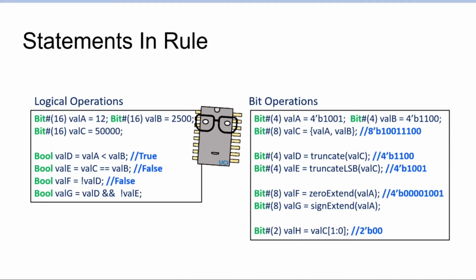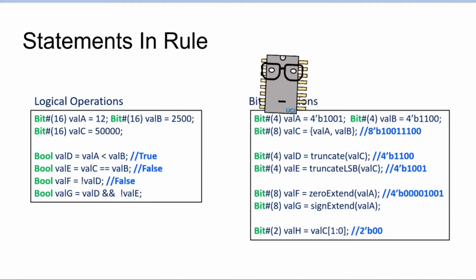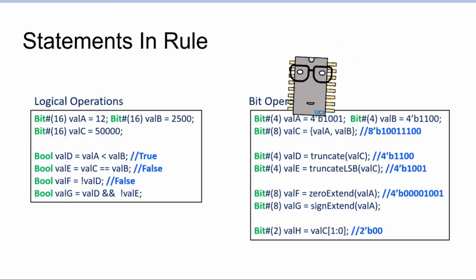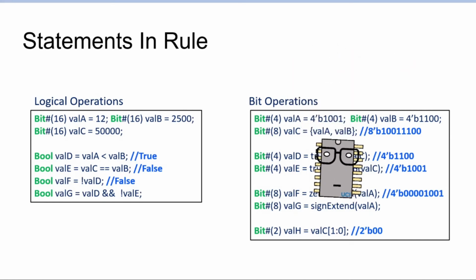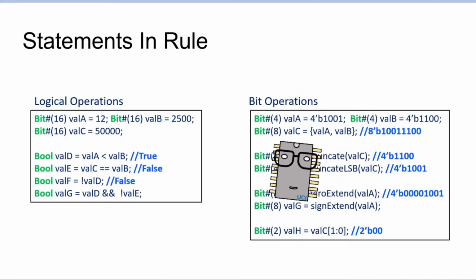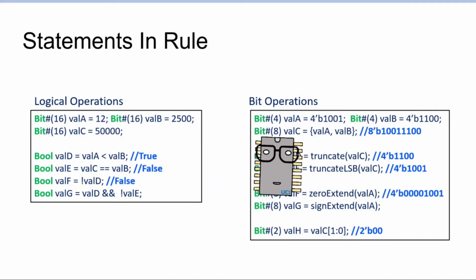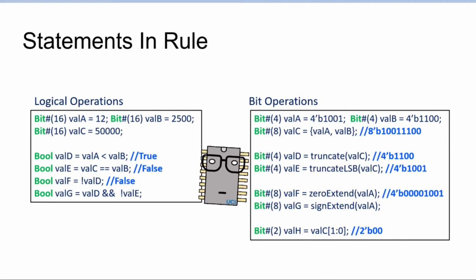Also bit operations. Say we have a 4-bit value A and a 4-bit value B. We can concatenate this into an 8-bit value using the curly braces notation. We can truncate the 8-bit value to a 4-bit value.